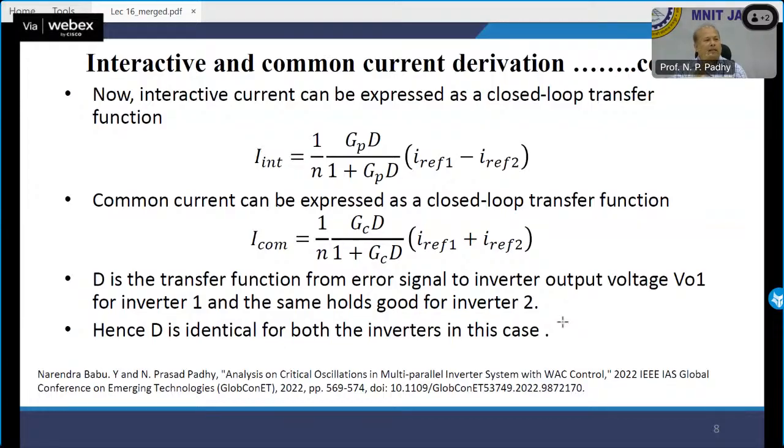There could be N number of inverters. You have derived the equation now using the nth superposition theorem. D is the transfer function from error signal to inverter output voltage VO1 for inverter 1, and the same holds good for inverter 2. Hence, D is identical for both the inverters in this case.